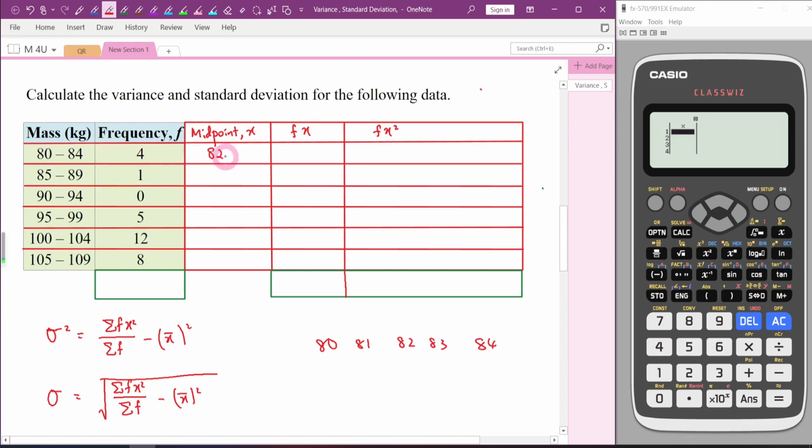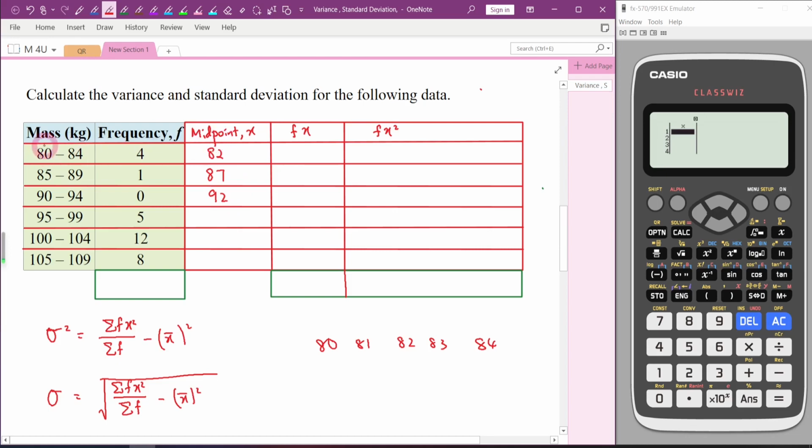Okay, one of the ways to get the midpoint for the next class interval is, since you know that the size of the class interval is equal to 5, 82 plus 5, 87. 87 plus 5, you get 92. This is one of the ways. Besides this method, we also can look at the relationship between the midpoint and the lower limit here. This is 80, this is 82.